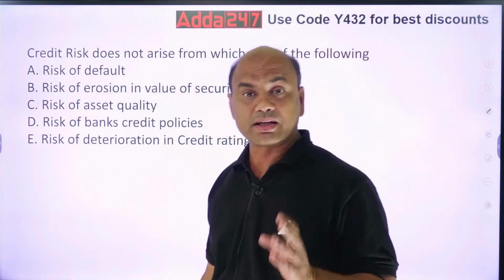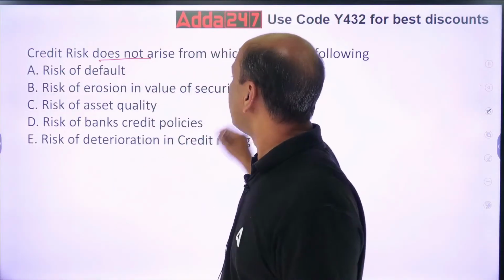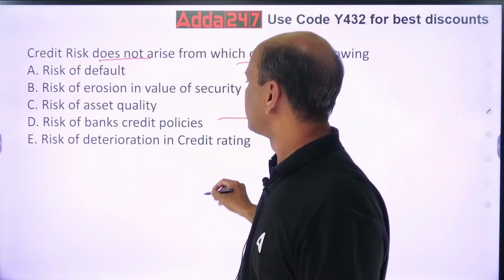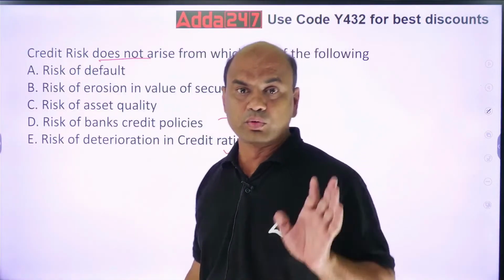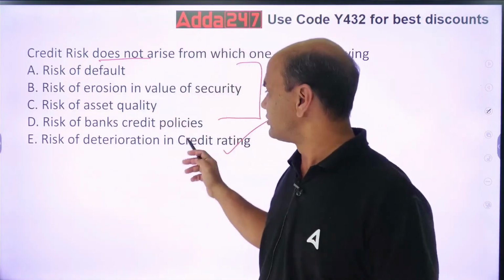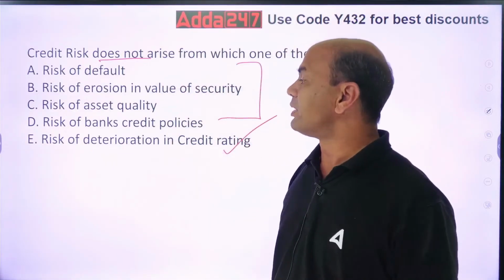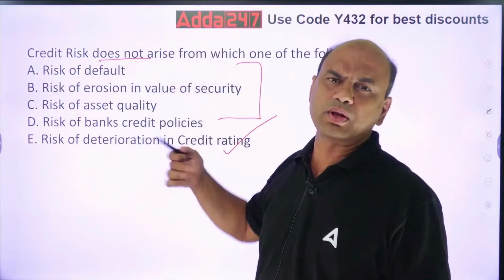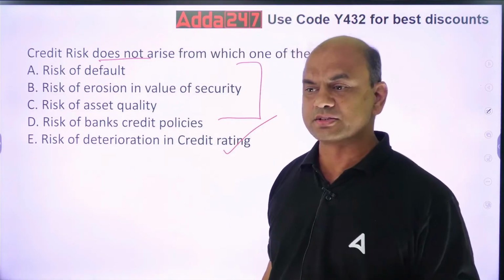Now, which is the nearest answer? All the other four will directly affect, but this one will indirectly affect, not directly. You can say it will affect credit risk, but not directly. Credit rating is done by the external agencies, okay.